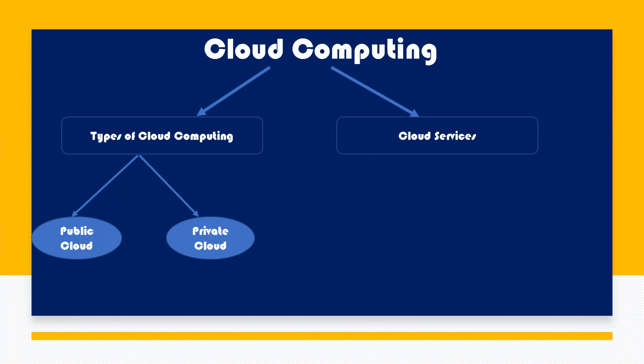I want to keep my data in my on-premises environment, but at the same time I want to use all the cloud features. Then I can go with a private cloud. It will be available only for my organization, and the cloud features will be accessible only to my organization's employees.